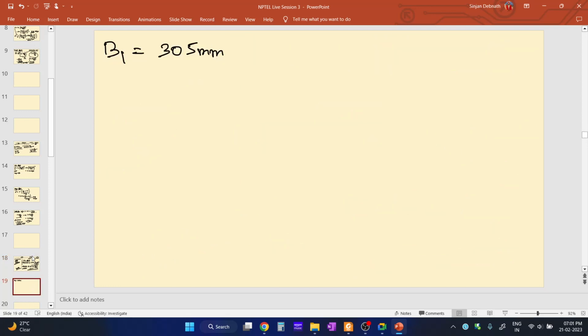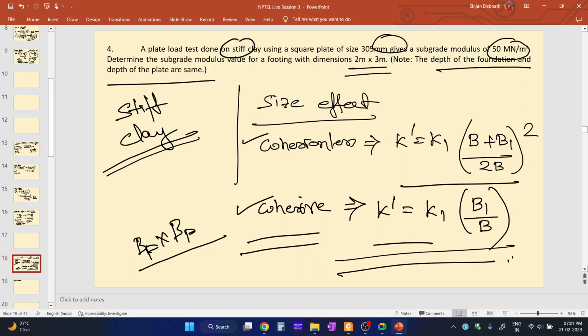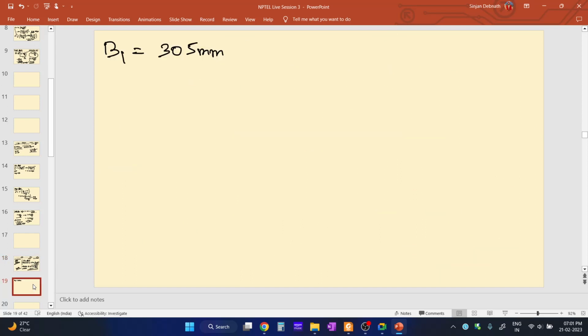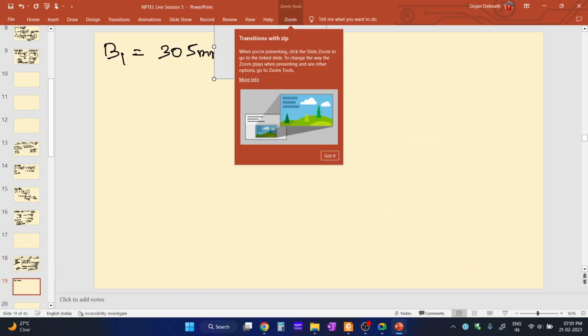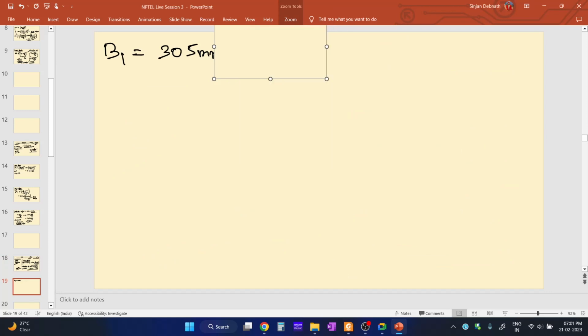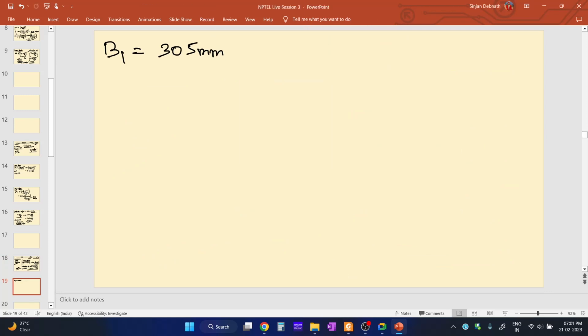B1 is equal to 305 millimeter, that is the size of the plate, and the subgrade modulus K1 corresponding to B1 is 50 meganewton per meter cube.